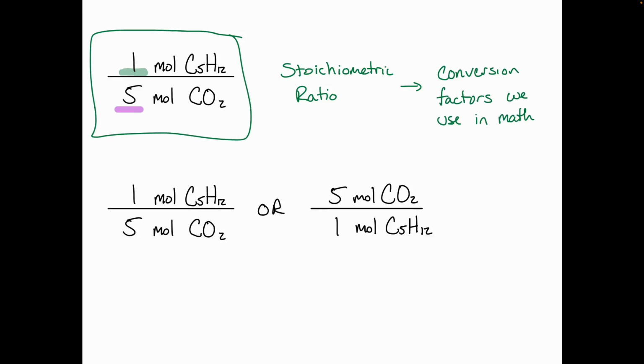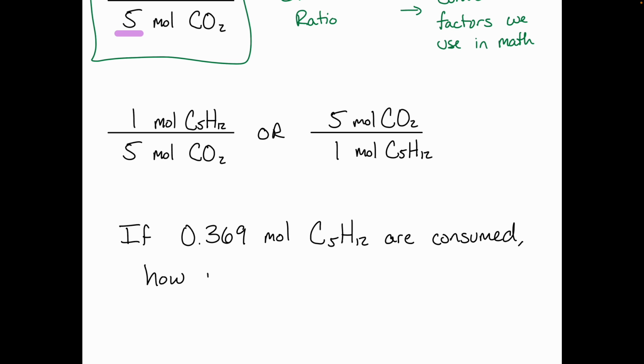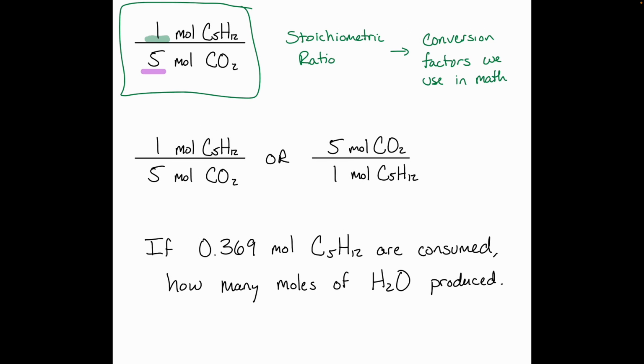But what if I said if 0.369 moles of C5H12 are consumed, how many moles of H2O are produced? Now you're going to have to do some math, and this is where we will use our stoichiometric ratios.